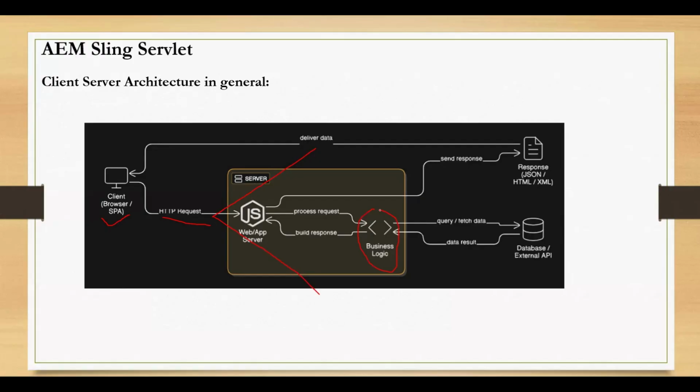The server is chosen based on the business logic or whatever application we are using. Suppose if we are using Java based applications, we are using a Spring Boot server or a Tomcat server.